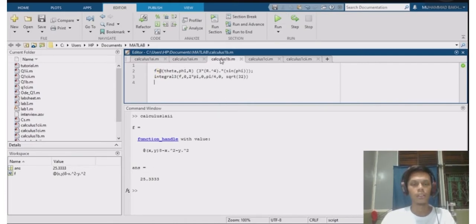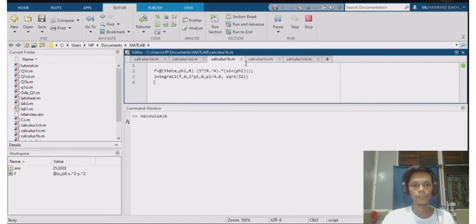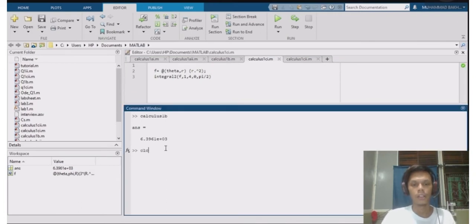For calculus 1B, this is the coding to solve the question, and the answer that we gain from the coding is 6.3961E plus 03, or the specific answer is 6396.102. So for question 1CI1, this is the coding to solve the question.